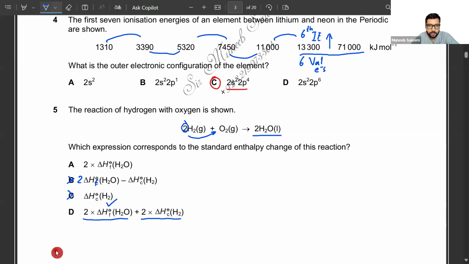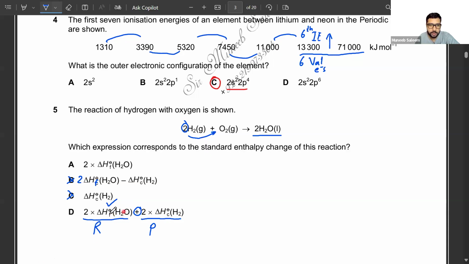But the thing is that this plus sign is not equivalent for this reaction, because you are supposed to write only the right side or the left side only. But here they have written both. This is the reactant side, this is the product side. So if the enthalpy was supposed to be written, it should be only the reactant side having the enthalpy of combustion of hydrogen, or it should be only the enthalpy of formation of water.